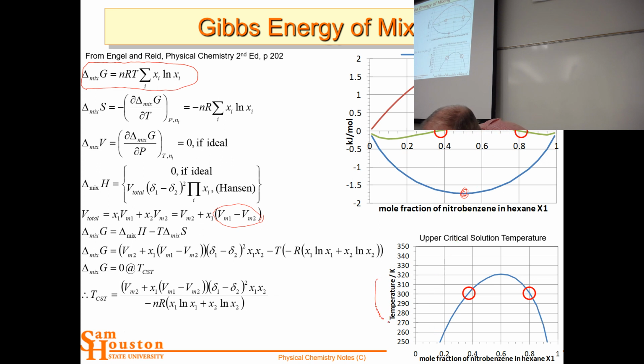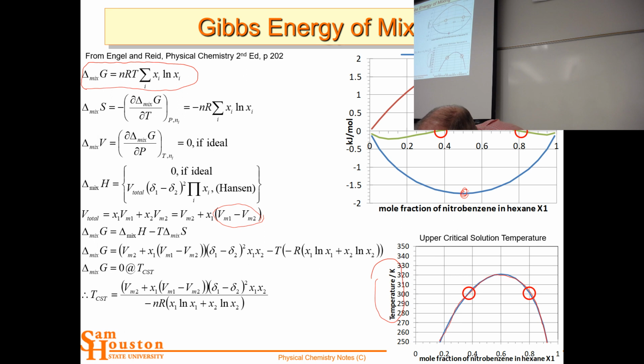So here's now temperature on the y-axis, and these are those equilibrium points for the different phases. And so this particular temperature is shown right here, 300 Kelvin. So we have the 0.8 and the 0.38 points shown with this delta G curve.